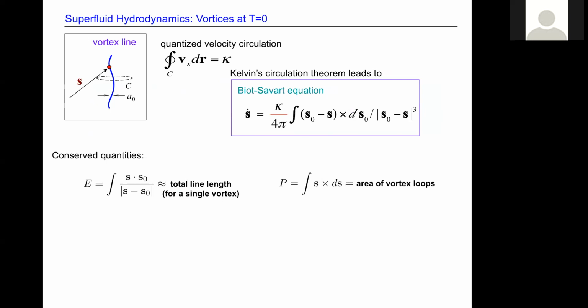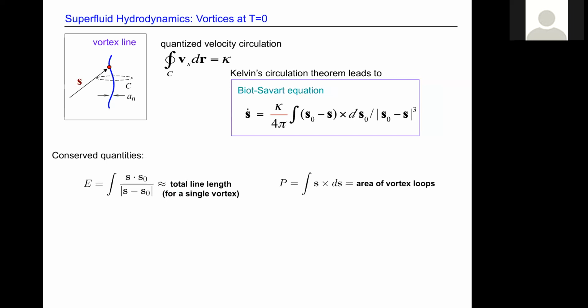So the thickness is zero, and the velocity of a point on the vortex line is given by an integral over all vortex lines. So in principle, it's a non-local equation, and it conserves these two integrals, which up to dimensional constants are just the energy and momentum, but have very specific meaning at least when the vortex lines are far apart, when you can neglect coupling to nearest neighbors.